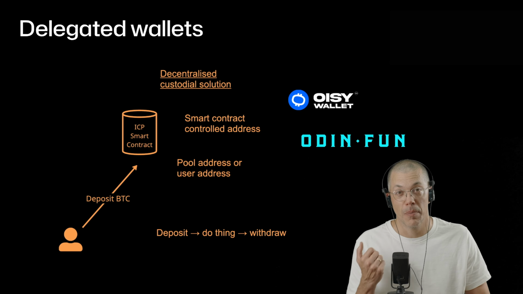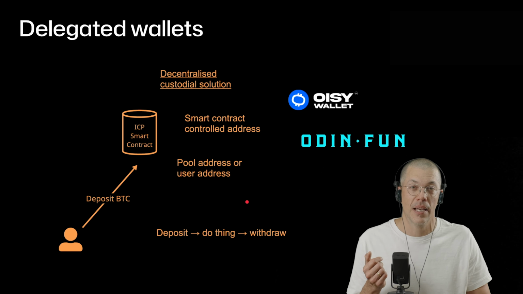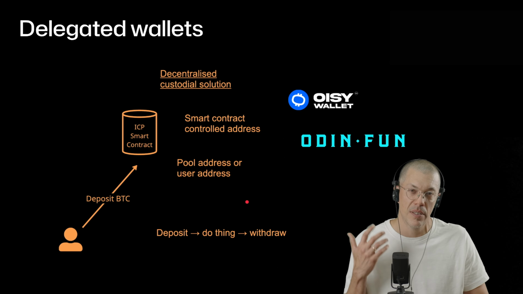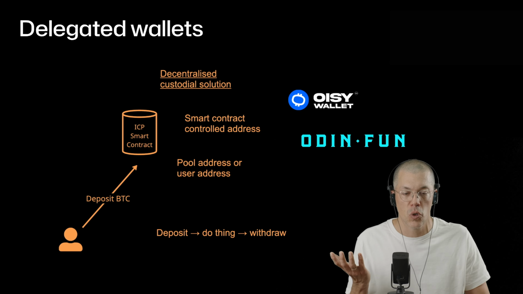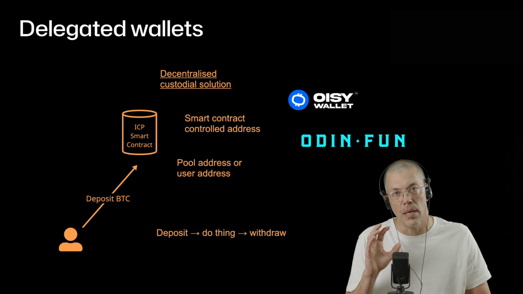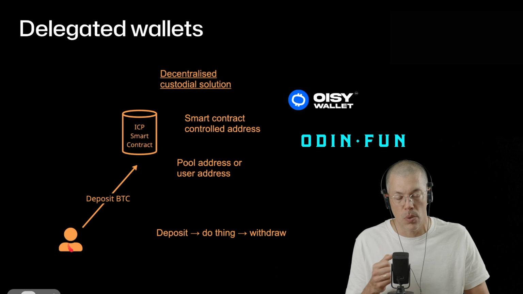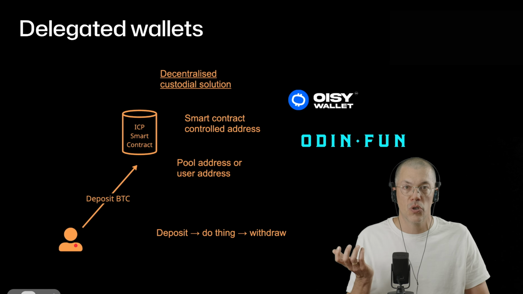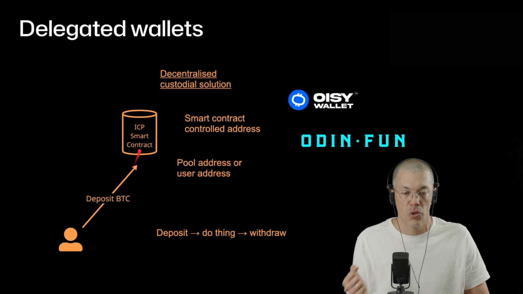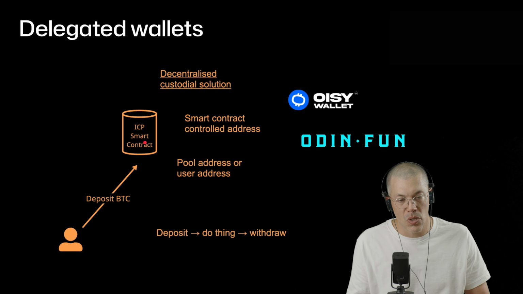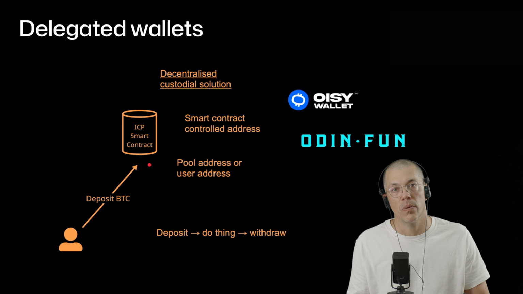The second way of doing Bitcoin DeFi on ICP is using delegated wallets, which you can say represents a decentralized custodial solution. In essence it means that you as a user will transfer some Bitcoin to an address controlled by an ICP smart contract.